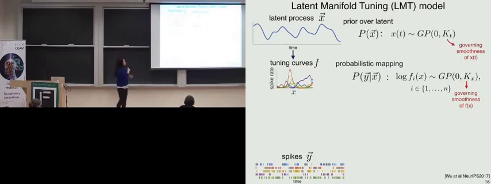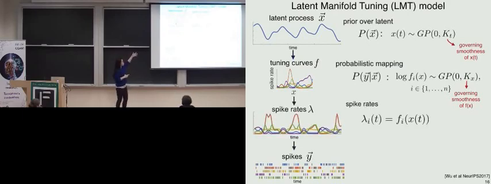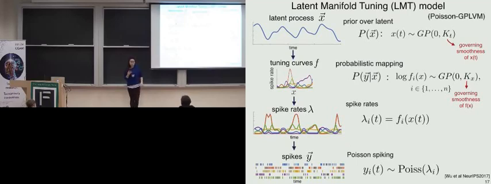Okay, so now given these two components, we can get the firing rates Y as the output of the tuning curve F over X. And finally, we get the spiking from the firing rate using a Poisson distribution. So this is the way we build a model. Given such a generative model, at each time point t, we generate x of t from the prior distribution.